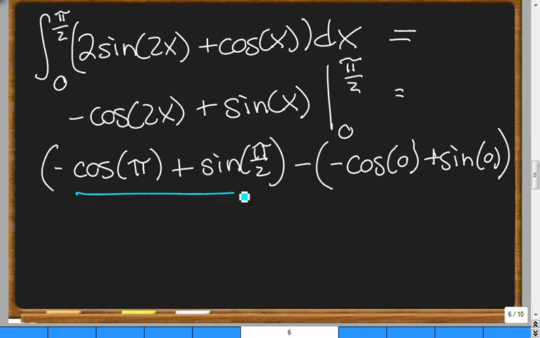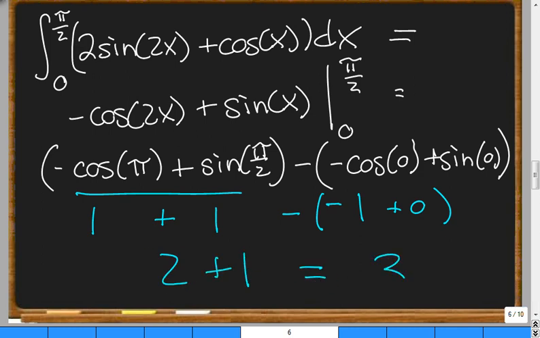Well, the cosine of pi is negative 1, so negative negative 1 makes a positive 1. The sine of pi over 2 is 1. Then the cosine of 0 is 1, so we get negative 1 here, and the sine of 0 is 0. So we get 2 plus 1, which gives us 3.